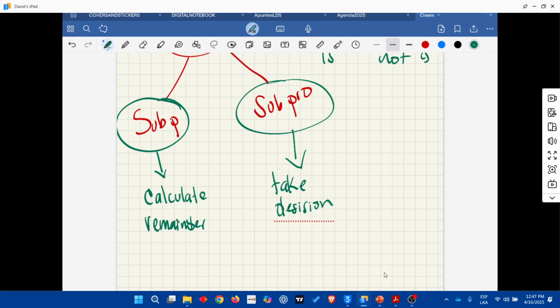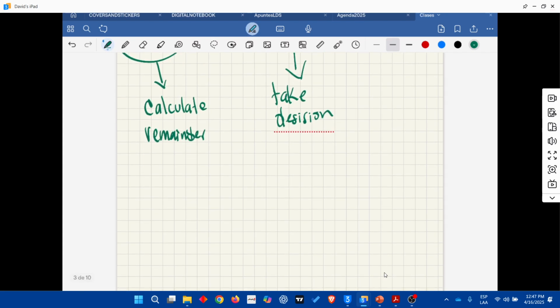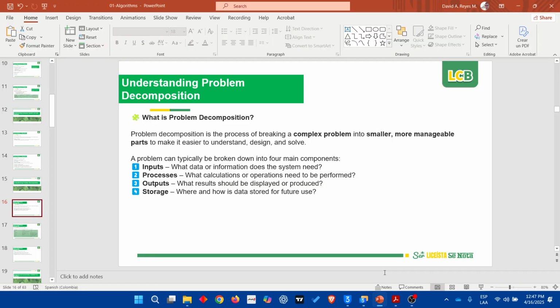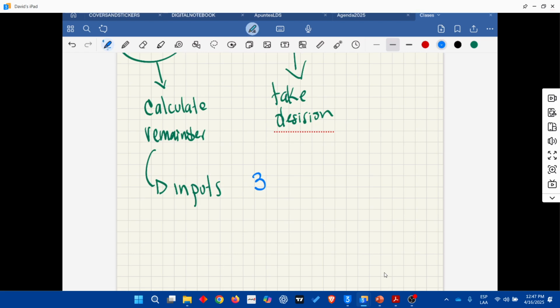which are the components? To calculate the remainder, we need inputs. For example, let's suppose that we are going to calculate if the number 3 is an even number. Now we need to process. What is the process? We are going to divide the number by 2.